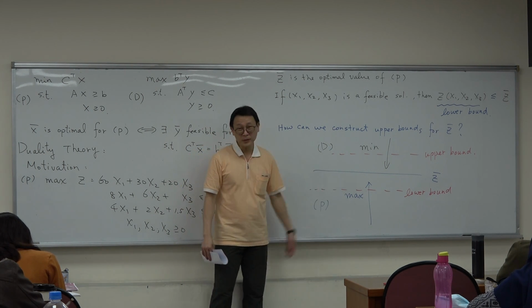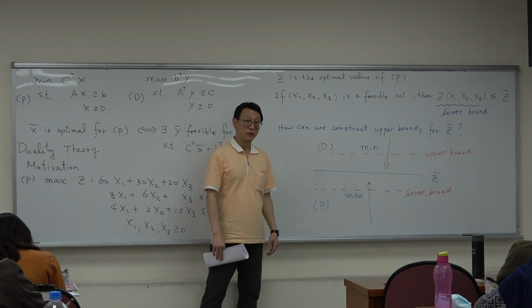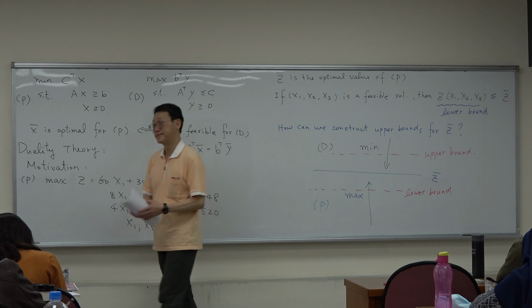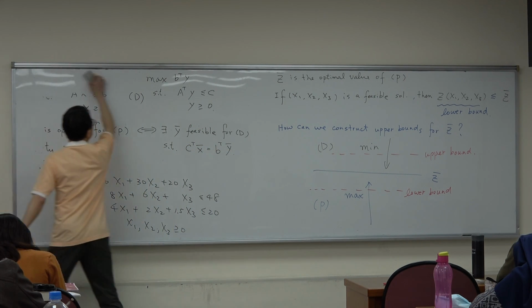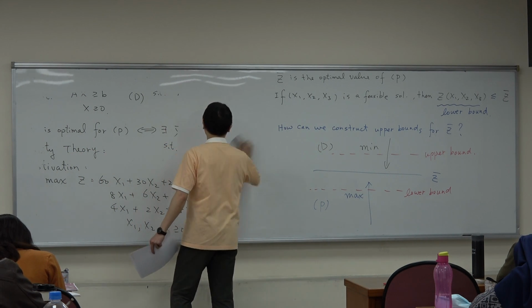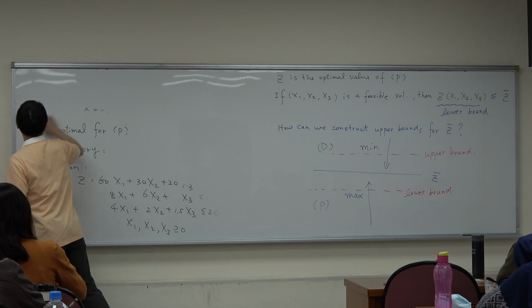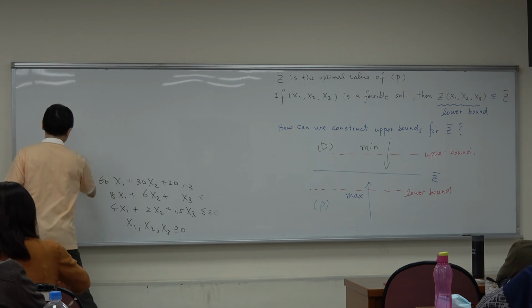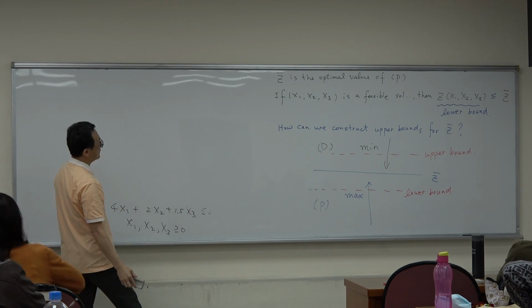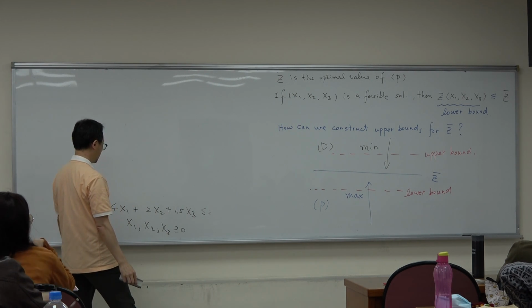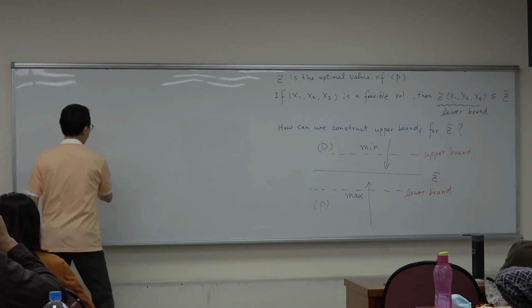So we need this rule or this property to help us find how good the solution is. I still need that. I didn't finish that.